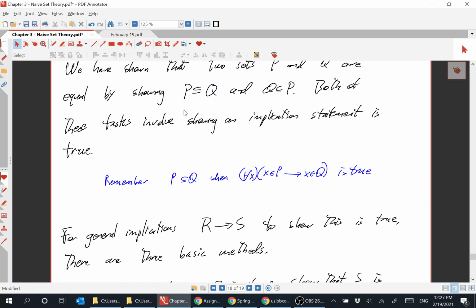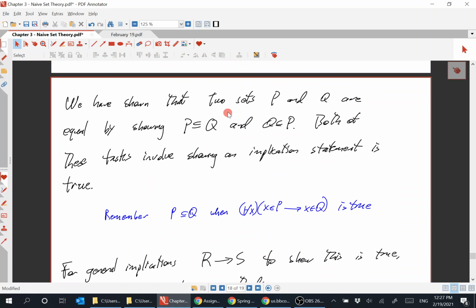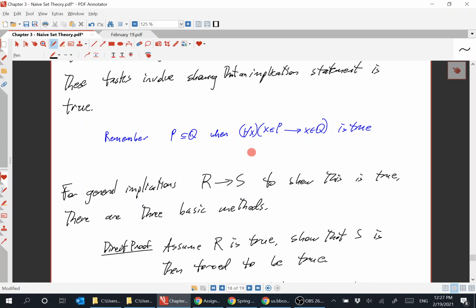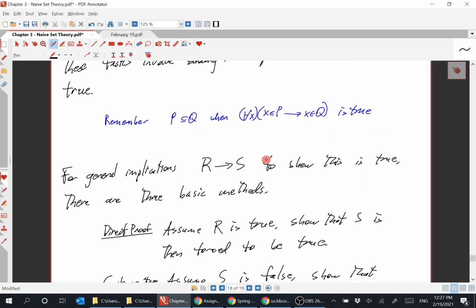Okay, so we have shown that two sets P and Q are equal by showing P is a subset of Q and Q is a subset of P. Both tasks involve showing that an implication statement is true. Remember, P is a subset of Q when X an element of P implies X an element of Q is always true for every X.